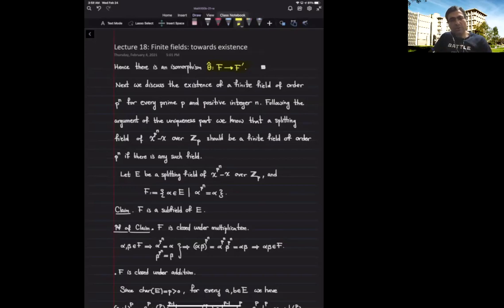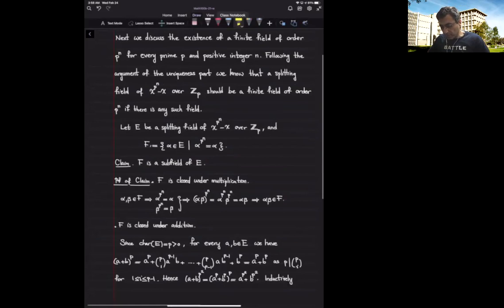So next, what we want to show is that indeed a splitting field of the polynomial x^(p^n) - x over the base field Z_p is a finite field of order p^n. This is what we want to show. Okay, so let's start with such a splitting field. So suppose E is a splitting field of this polynomial over Z_p.